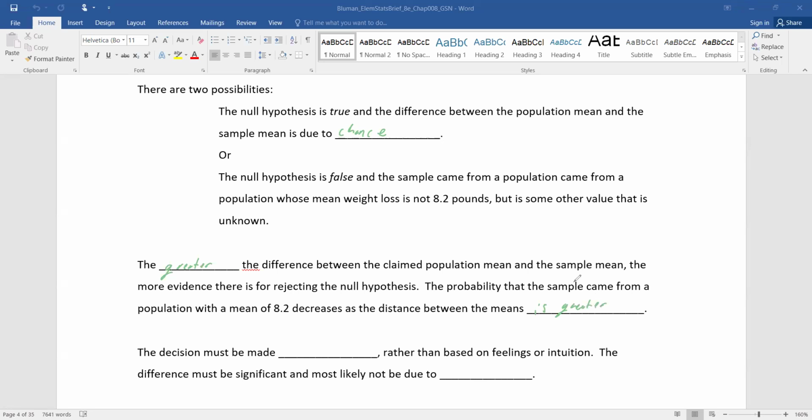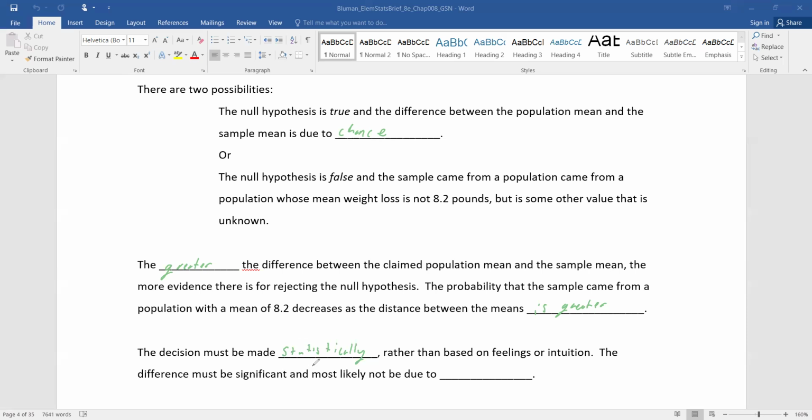Again, the probability that the sample came from a population with a mean of 8.2 decreases as the distance between the means is greater. So as the difference gets bigger and bigger, the chances of the population mean being 8.2 get smaller and smaller as well. All right, so the decision must be made statistically rather than based on feelings or intuition.